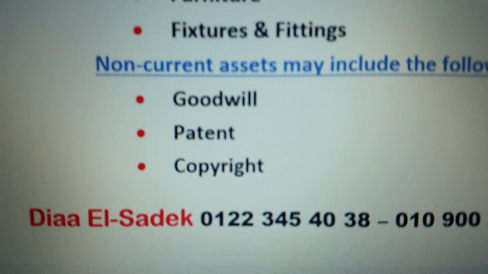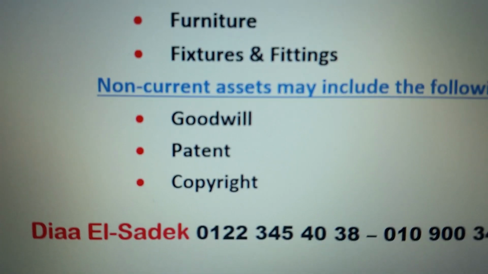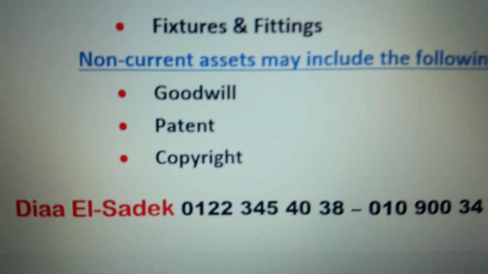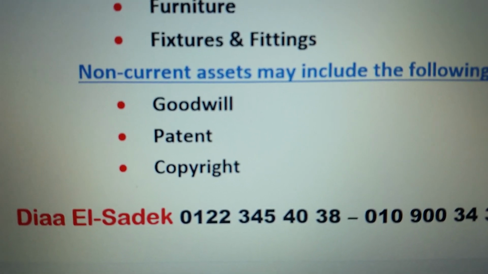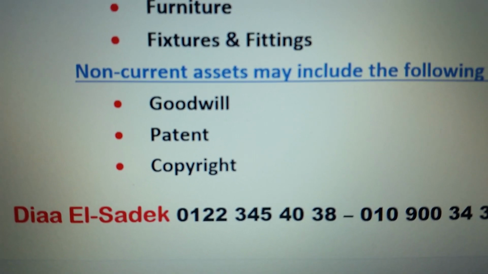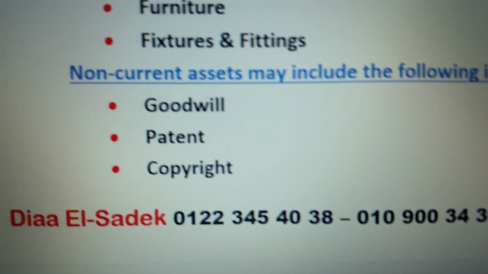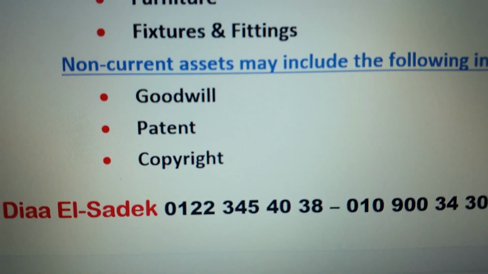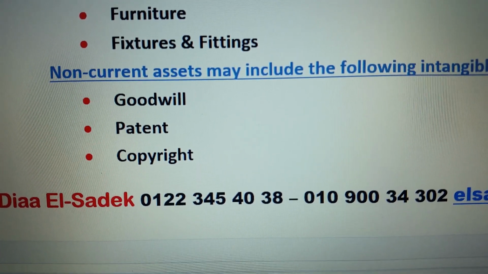Muhammad Salah has goodwill, so he can earn millions of dollars. Goodwill is an item owned by Muhammad Salah. Goodwill is a non-current asset owned by Starbucks, owned by Apple. Goodwill is one of the non-current assets.